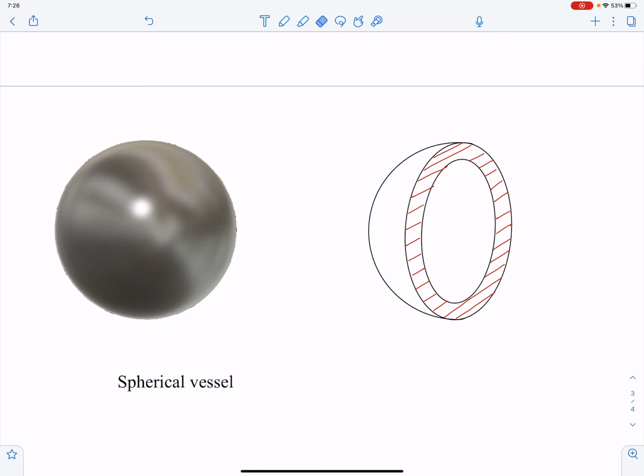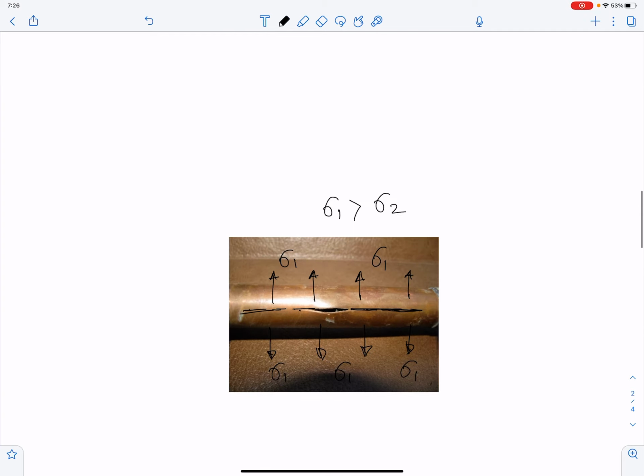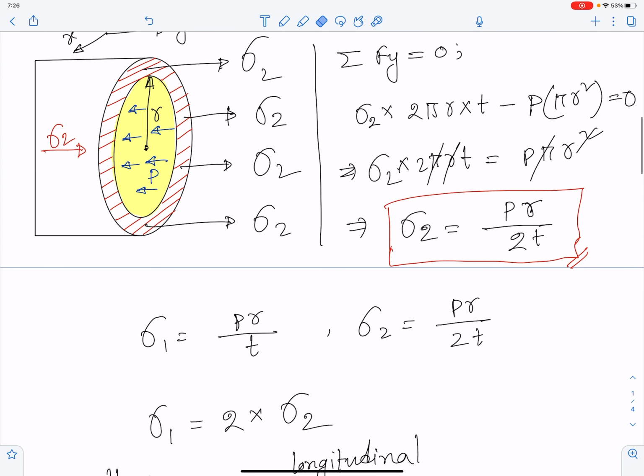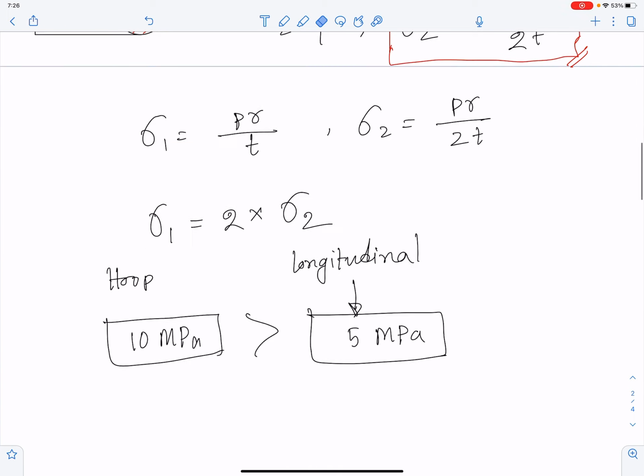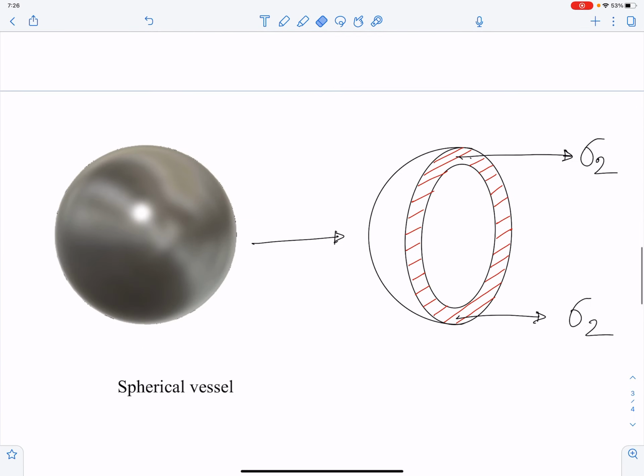Let's say we are taking the cross section right here, just like this way, right? And if we take the cross section, then we can see that in this red strip the stress is acting in the outward direction, which is actually the sigma 2, right? Because in the previous case, we saw that if we take this cross section, then we are taking the sigma 2 longitudinal direction, right?